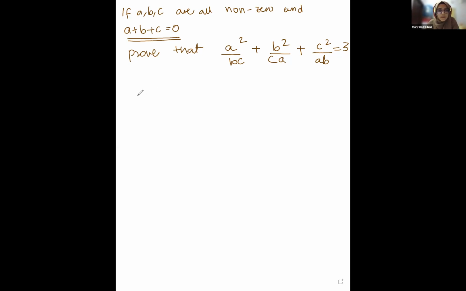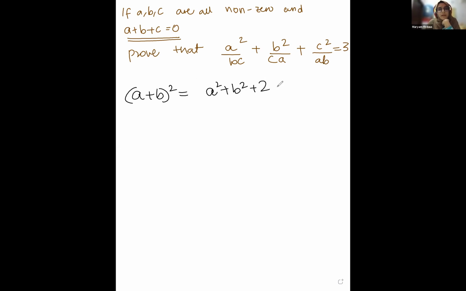Miraj, can you tell me what is A plus B whole square? Ma'am, a square plus b square plus 2ab.